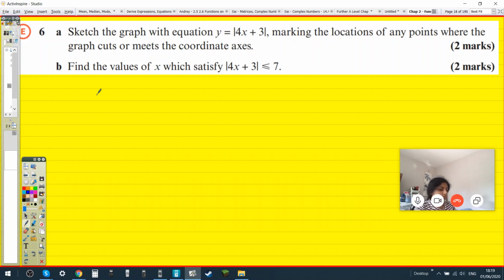Yeah, I would use a calculator. Go on, calculate it. We'll do one exam question. The y-intercept is 3.